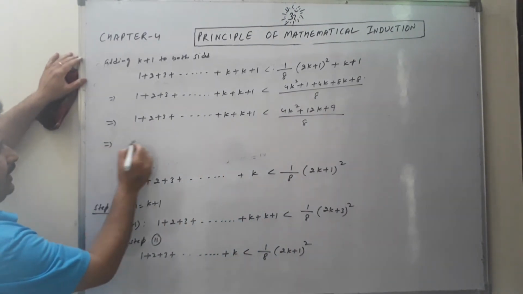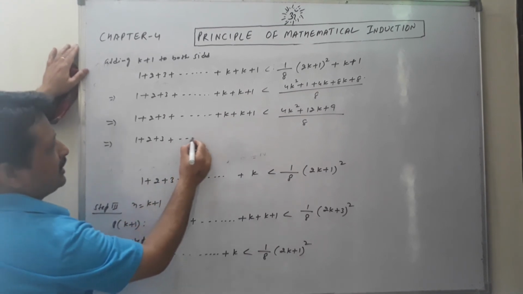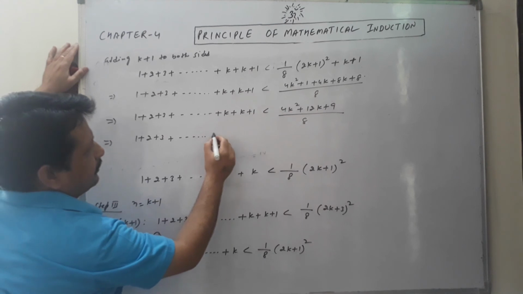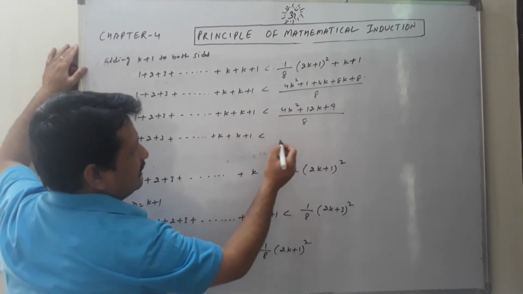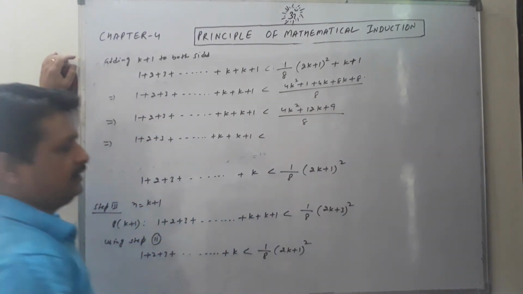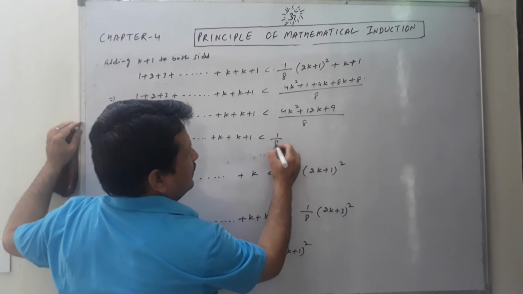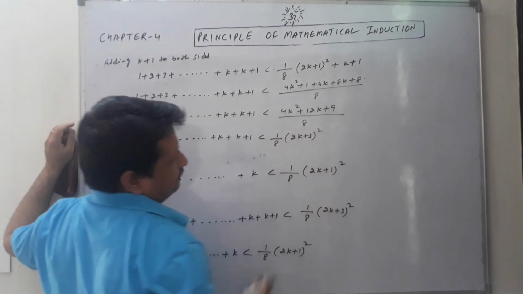Or this implies that 1 plus 2 plus 3 plus so on plus k plus 1 is less than, you see that this is the whole square of (2k plus 3), students.